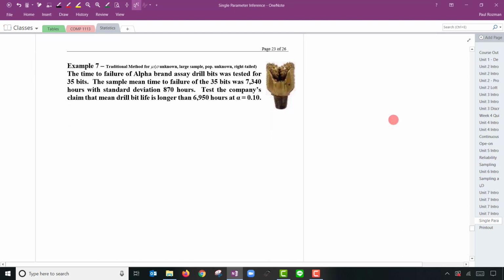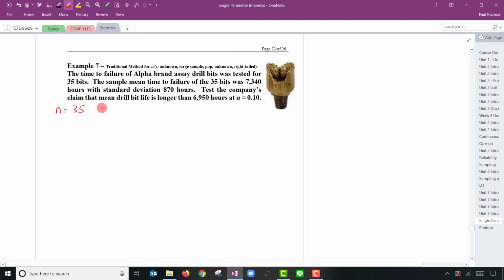Here's an example. We have some drill bits, and we tested 35 of them. The mean time to failure of our 35 bits under certain controlled conditions was 7,340 hours, and the standard deviation was 870 hours. Basically, we did an experiment where we had 35 drill bits.